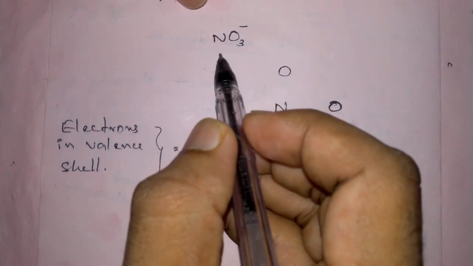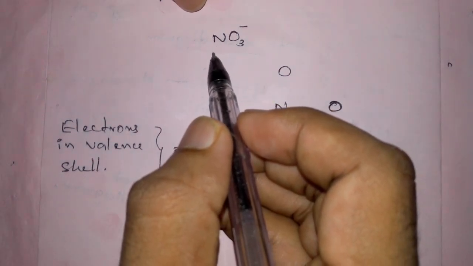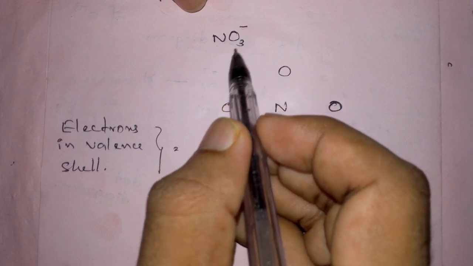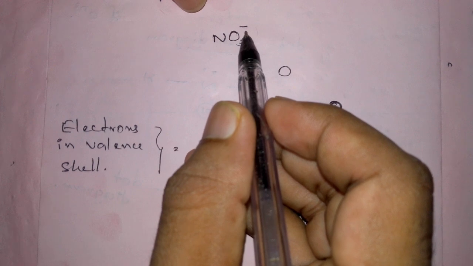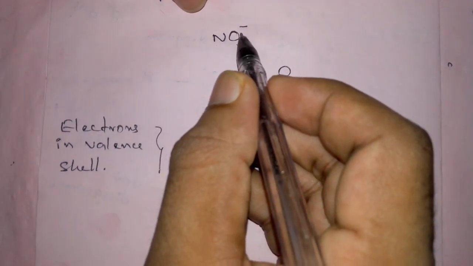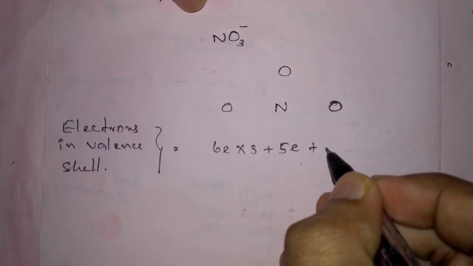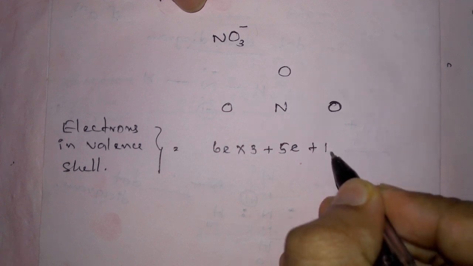There's another point to be considered, that is the negative charge of this nitrate ion. This negative charge indicates that the gaining of an electron, so this gained electron also should be calculated.